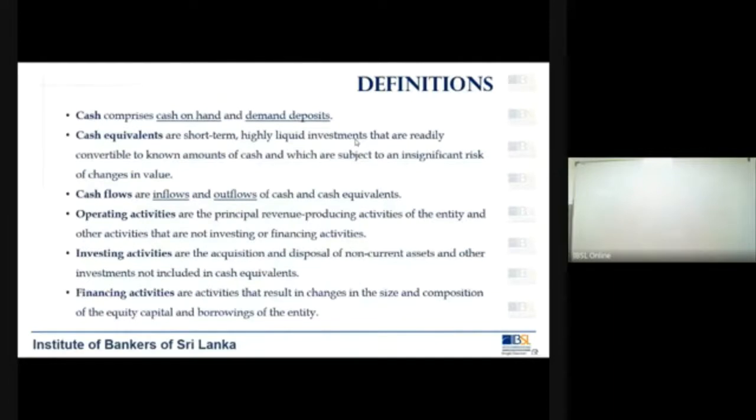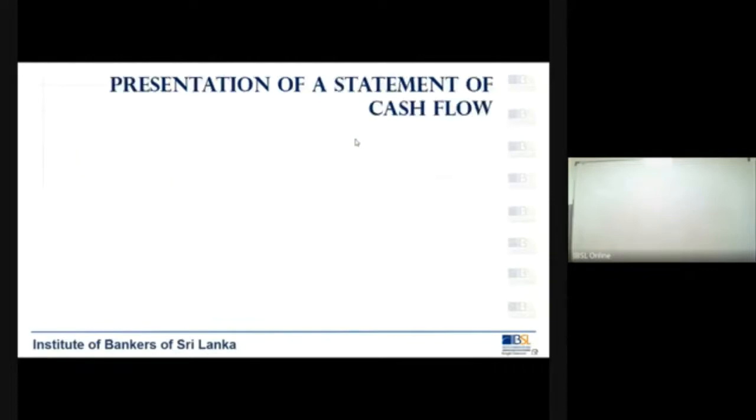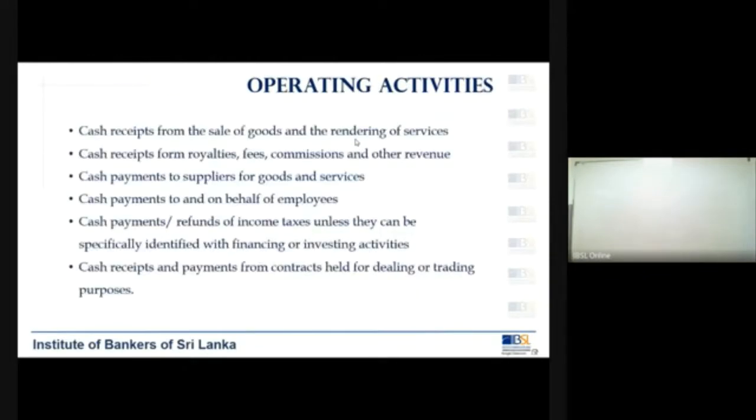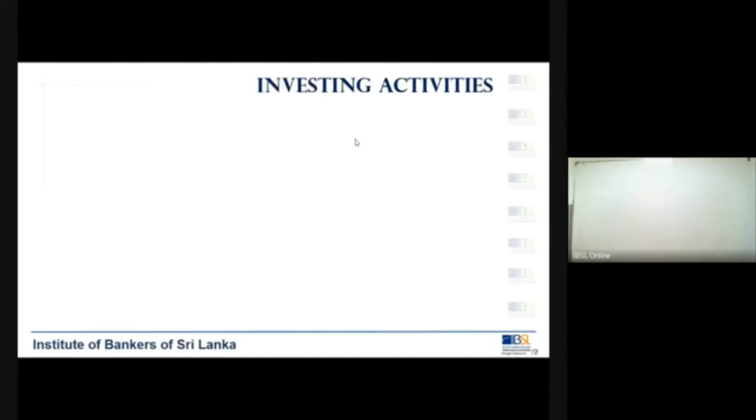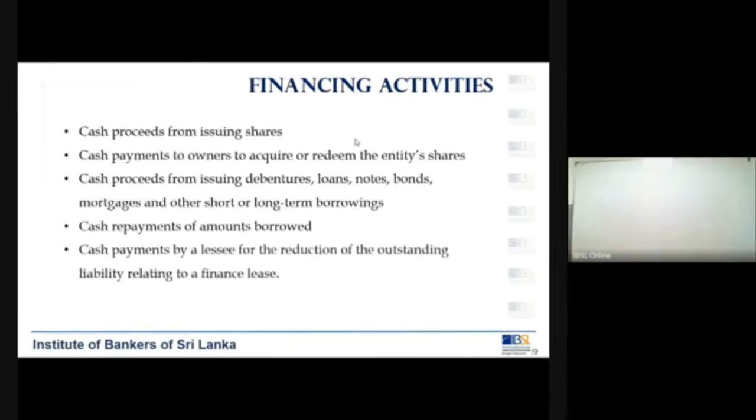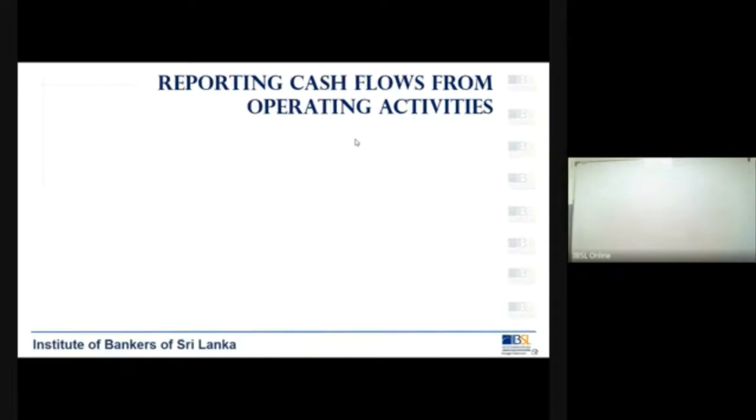Operating, investing, financing, the activities are defined here. And then I have given examples here. You can pick one. Right? There are more. You can pick one and write. I have given many examples. You can pick one of those and write. Okay. So let's look at the last part.